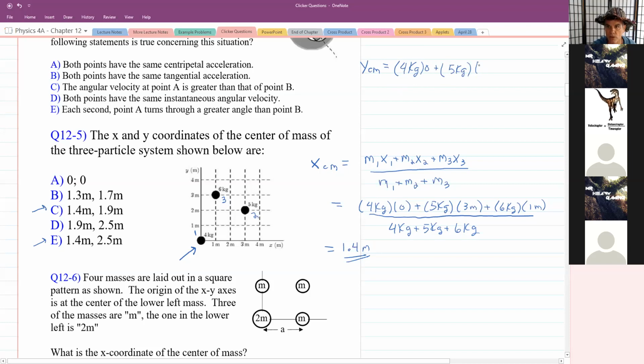Y2 is 2 meters, plus 6 kilograms times Y3, which is 3 meters, divided by my total mass, which is 15 kilograms again. What I'm going to get is 0 plus 10 plus 18. So 28 divided by 15, 1.9.